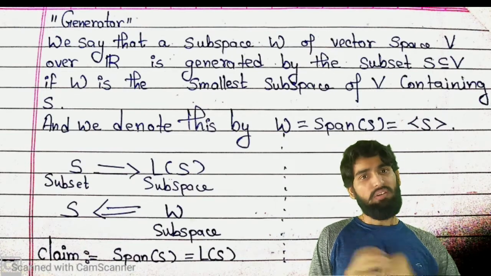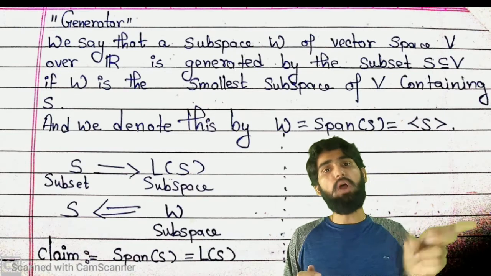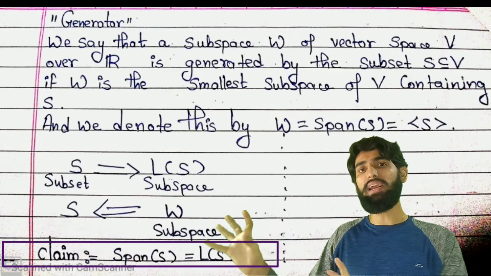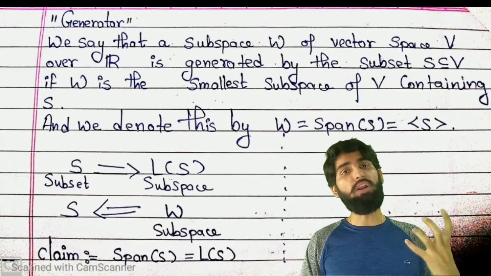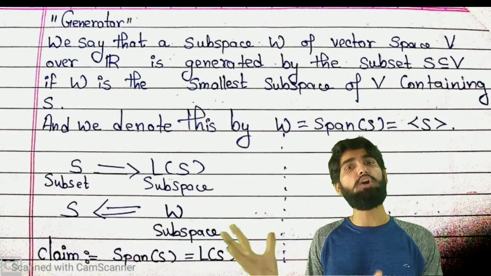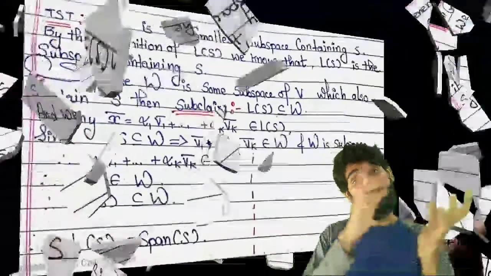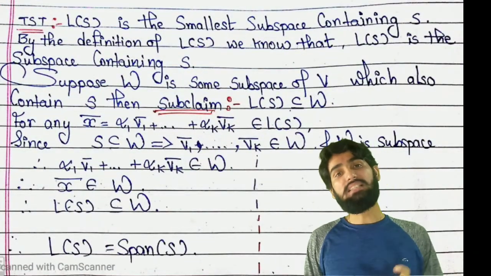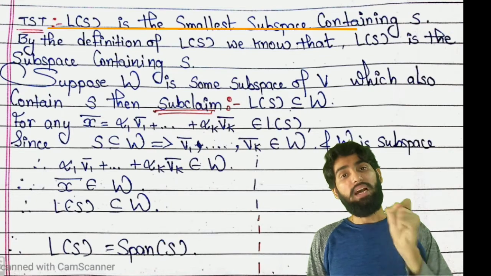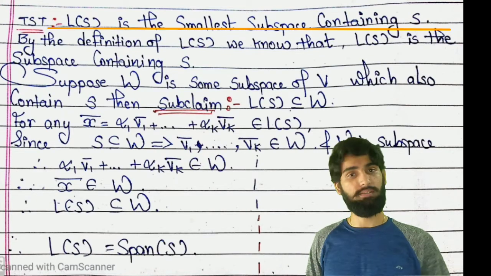That means we will show that L of S is generated by S, that is, the span of S is nothing but the linear combination of S. That means we will show L of S is the smallest subspace containing the set S.